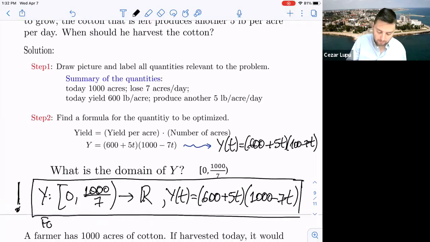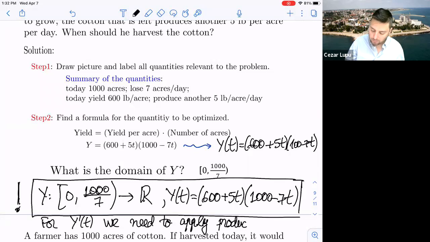So for y prime of t, we need to apply the product rule. Right, because we have the product of 2 functions there.